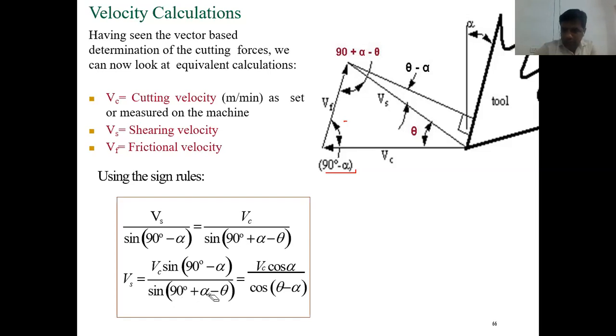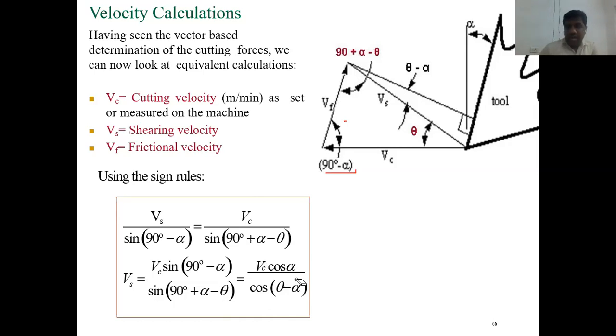Sine 90 plus alpha minus theta is minus cos of the angle, and taking the minus inside, we write it as cos theta minus alpha. So VC cos alpha by cos theta minus alpha. This is one relation: if you know the cutting velocity, you can find the shear velocity using this formula, cutting velocity into cos alpha divided by cos theta minus alpha.